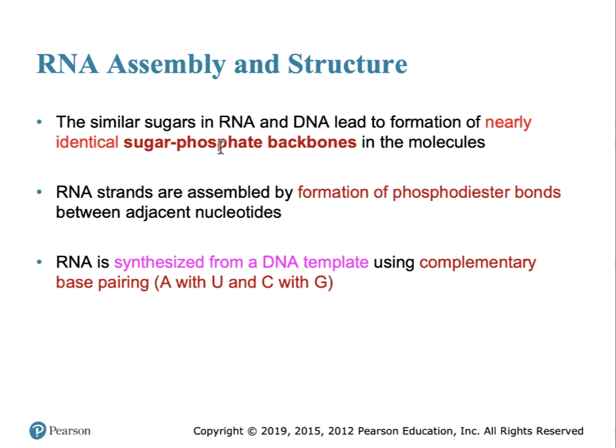The only difference, of course, is the presence of the oxygen in RNA and its absence in DNA. The other similarities are that the subunits are placed together by the enzymes, the polymerases, using phosphodiester bonds between adjacent nucleotides. So that's a place where you should revise and figure out what a phosphodiester bond is, please.